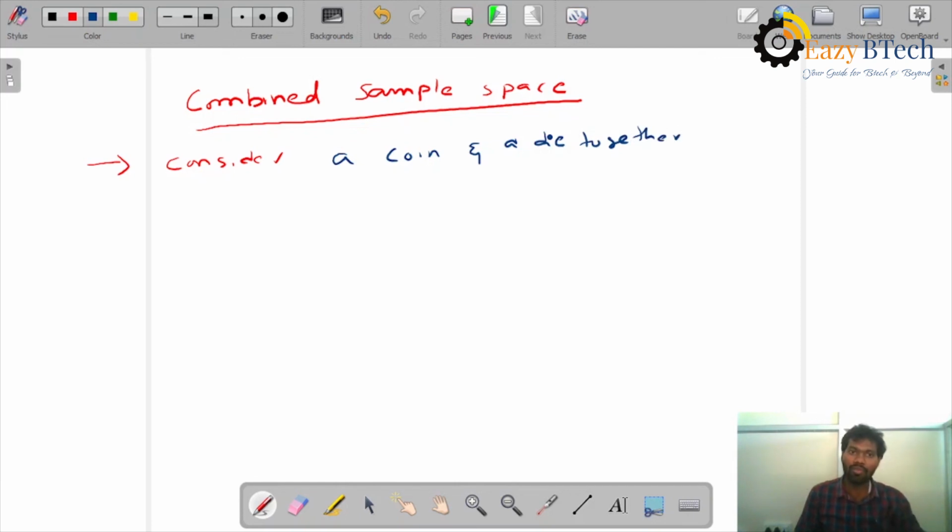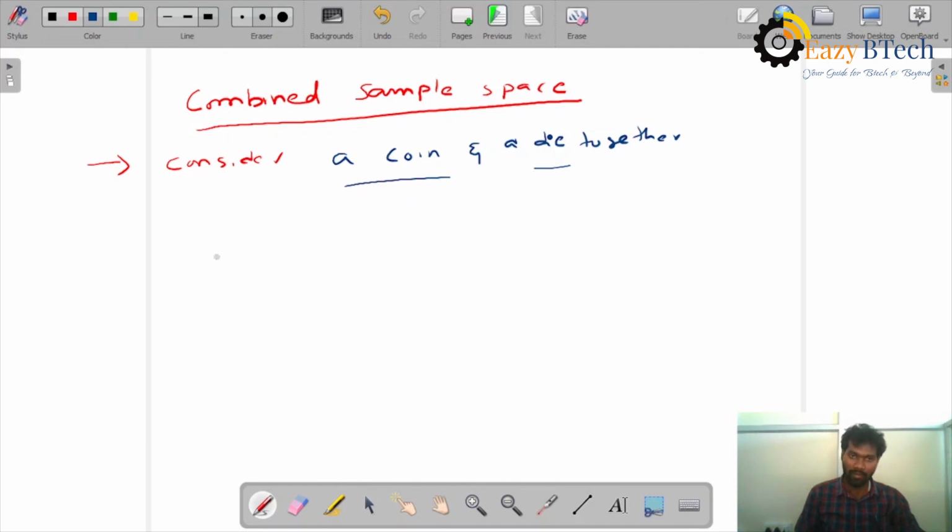This type of experiment is called the combined sample space. That means you are doing an experiment with different objects, coin and die. But if you do the same experiment with two coins, it is not called the combined sample space.